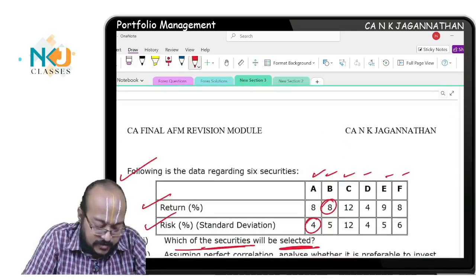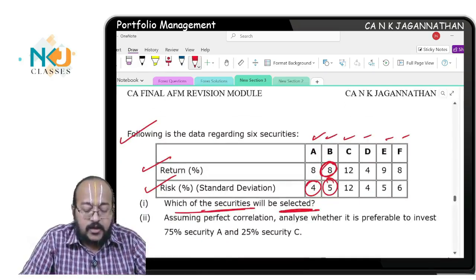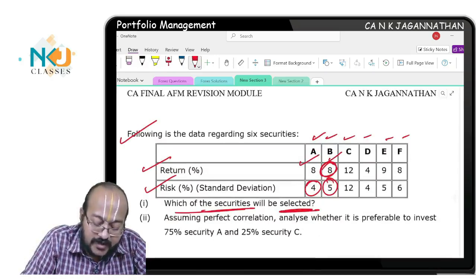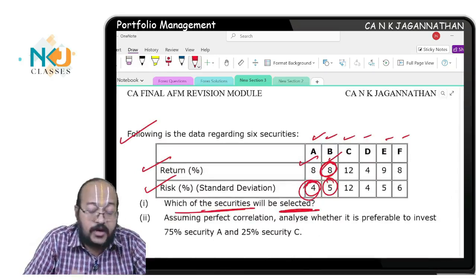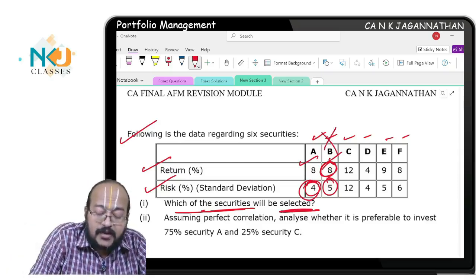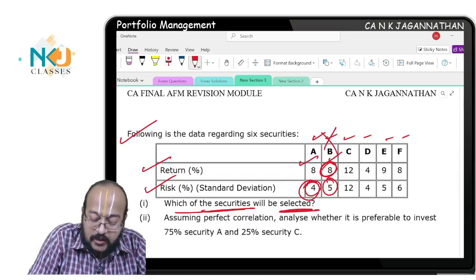How is that? See, security B is giving a return of 8% by taking 5% risk. Which means, instead of earning 8% return by taking 5% risk, security A is giving me the same 8% return for a lower 4% risk. Hence, B is inefficient than A. Also E. Why E?